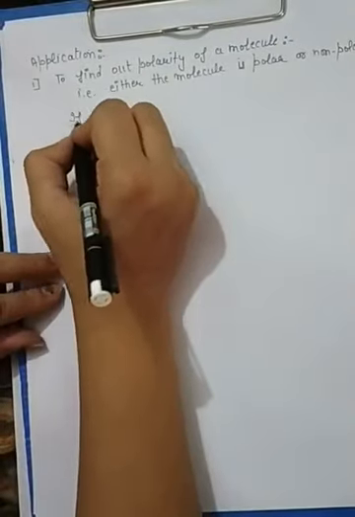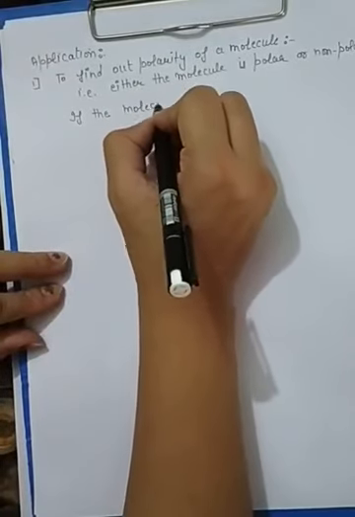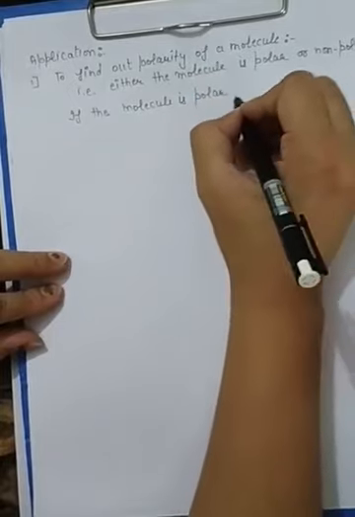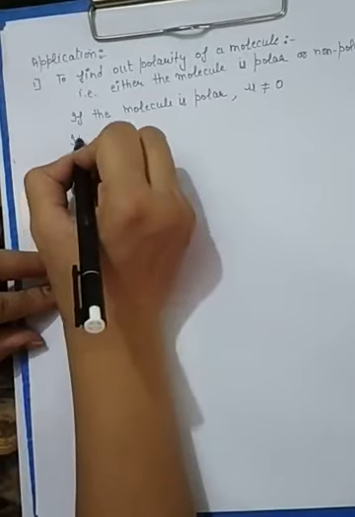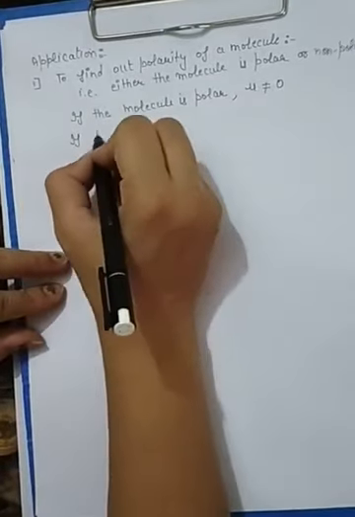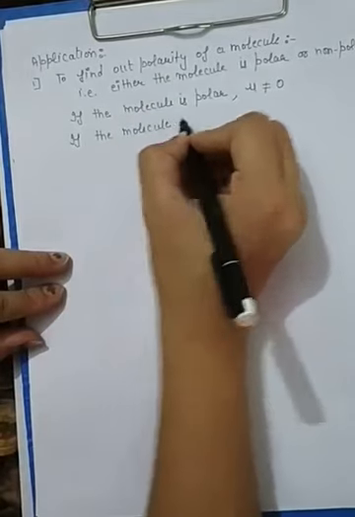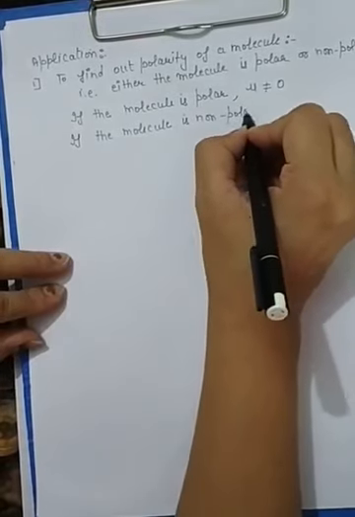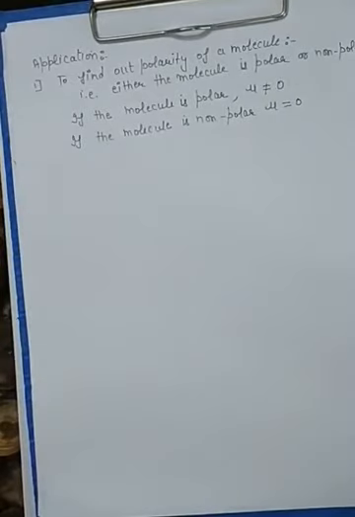So the results are, if the molecule is polar, then its dipole moment is not equal to 0. It means it has some value. But if the molecule is non-polar, then mu is equal to 0.